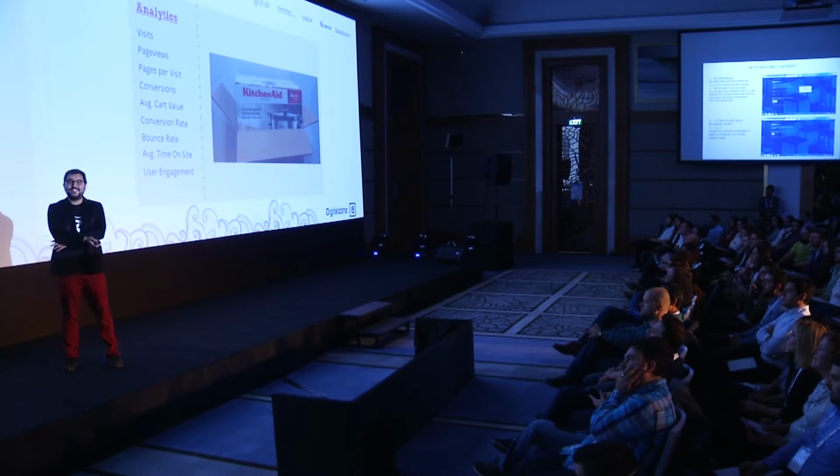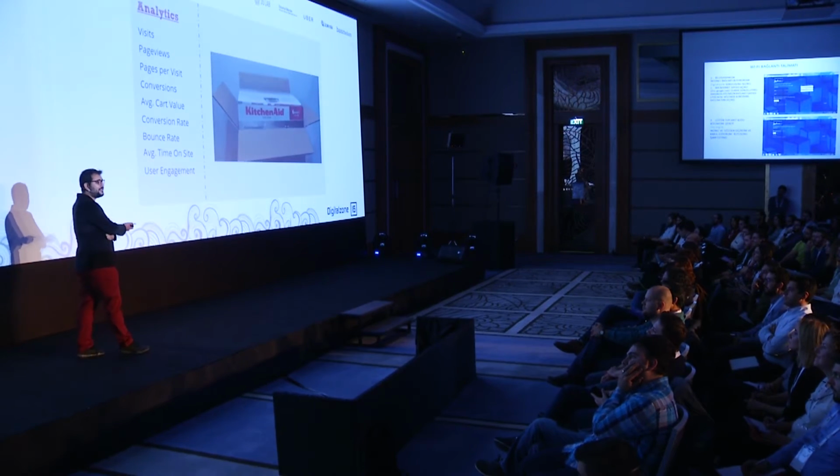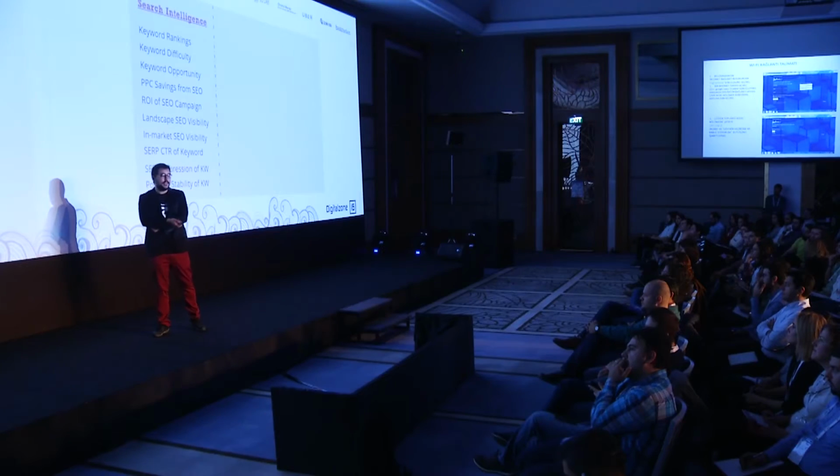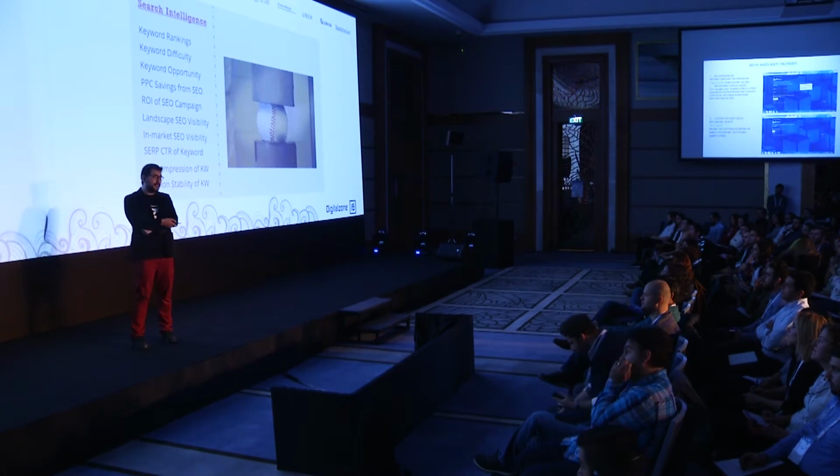You know, the analytics, and we are just focusing on similar metrics like everybody: visits, page views, how many people convert by coming from the organic channel, the average cart value of the organic channel, bounce rate, and engagement metrics. And then the search intelligence part is a bit different. You might need to use way more different tools. Most of them are paid tools.